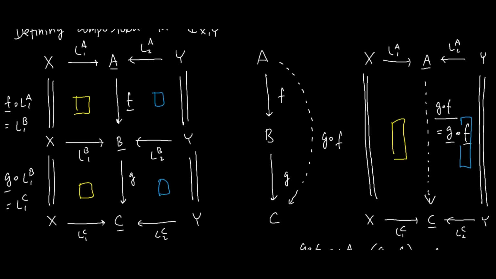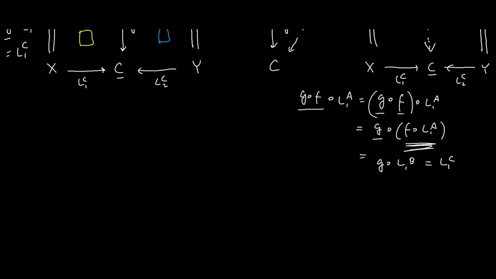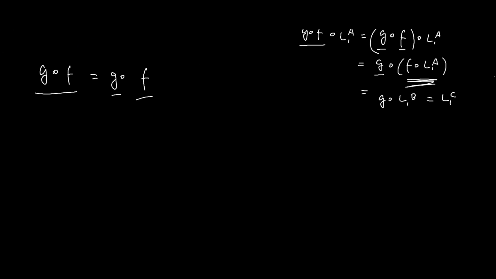So this defines composition in C_XY, just by defining composition by this formula. Once composition is defined like this, it is easy to see that all the laws we want hold. For instance, the associativity law holds. Why? Well, H composed with G and then composed with F in this new category equals what?